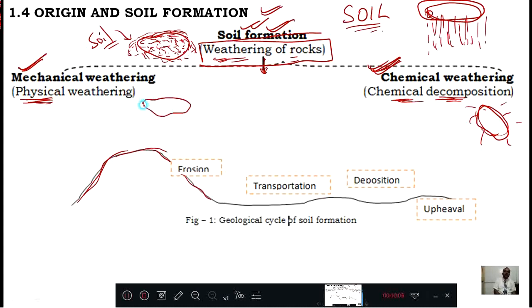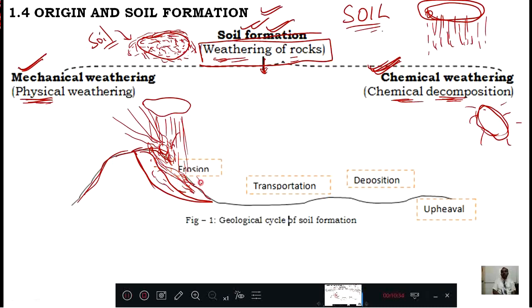Here there might be a lot of frost, heavy rain may happen continuously, or some wind may blow continuously, or there may be animal action, root action, or temperature variation. Because of all of them, this part of the rock will disintegrate over years. In that much time, this part will disintegrate and become a powder.